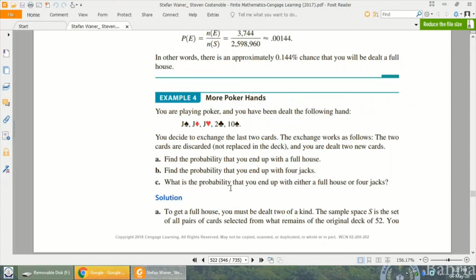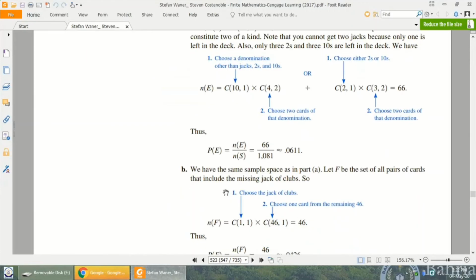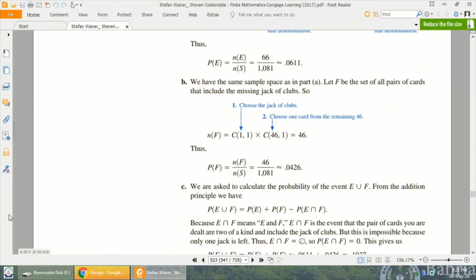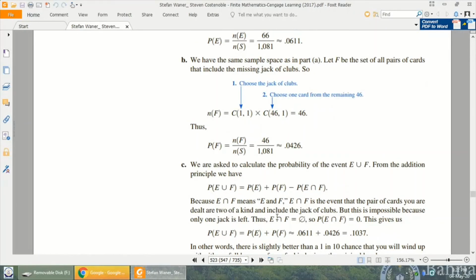So just 1. And then you have the union of if both of the events occur as either or. So you just add up, and since perhaps you can have an intersection if it's possible, but you just simply add them together, because there's a null set, because totally different conditions. One is where this jack of clubs is missing, and the other is where you are trying to replace 2s and 10s, or you are going to be having reduced the denominations from 13 to 10 for all the jacks that you have there at that time.